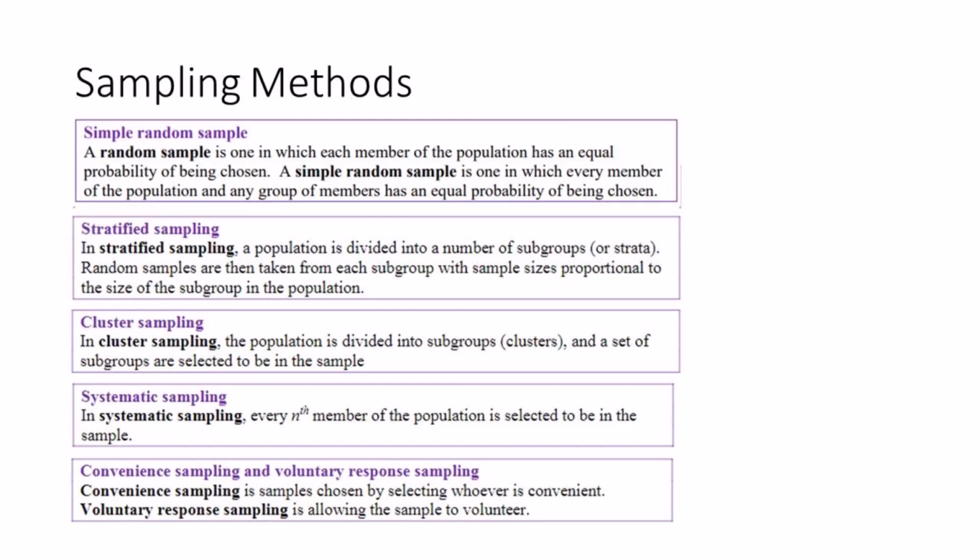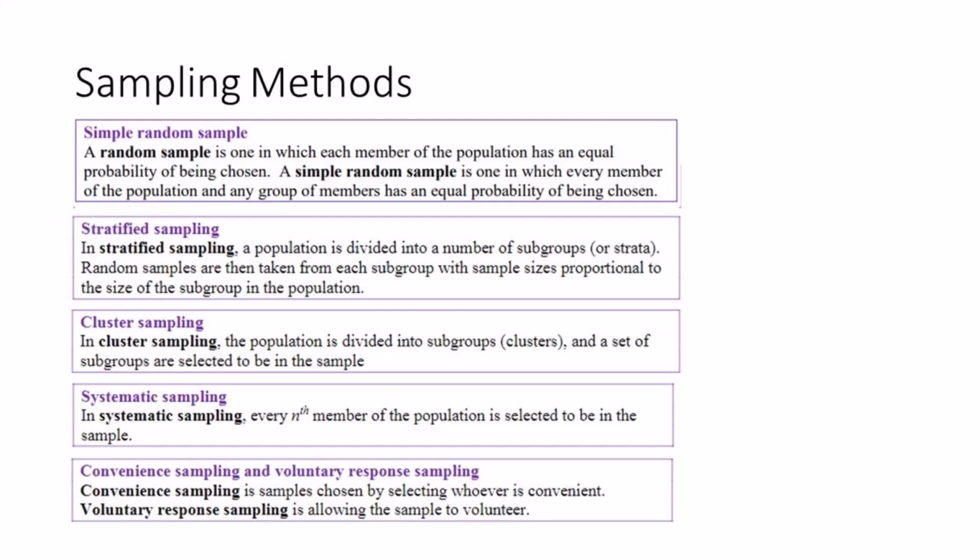So the basic idea of this lesson is that there's several different sampling methods you can use to select a sample from a population. And ideally, you want to have a sampling method that's going to give you a fair representation of the population as a whole. So stratified and cluster and systematic sampling are all really good ways to get a good sample.